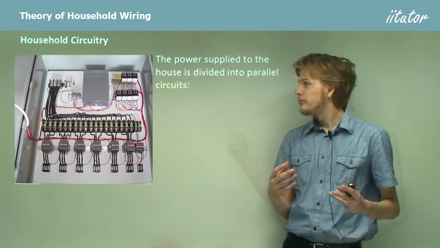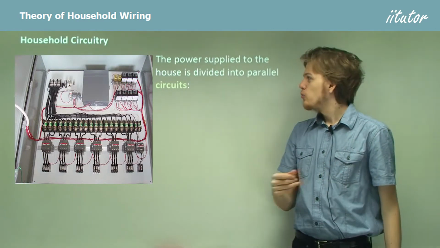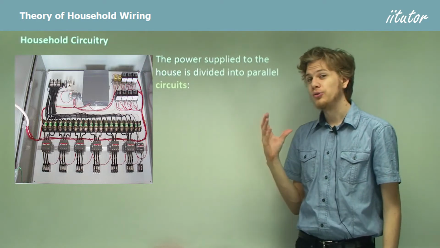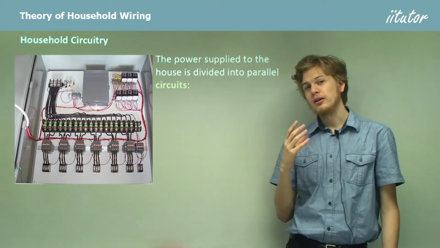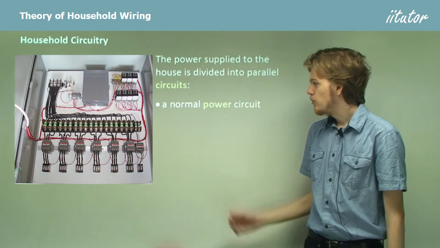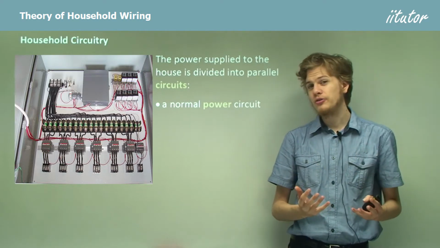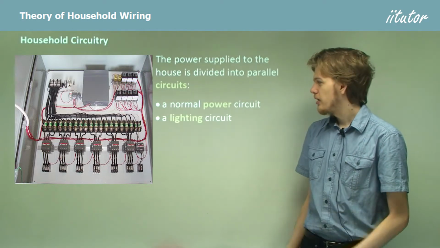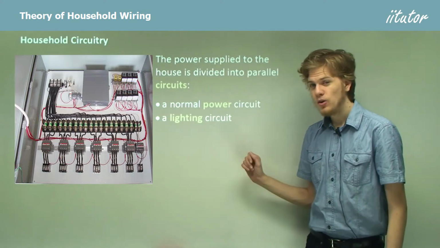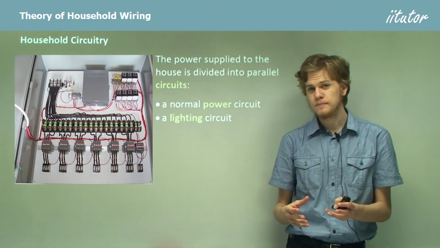Now in a household, once we get the electrical wires to the household, we have 3 main parallel circuits that provide electricity to all the things in the house. We have a normal power circuit, and this is what the power sockets around your house are for. We have a lighting circuit, which is connected to all the lights in the house rather than the power sockets.